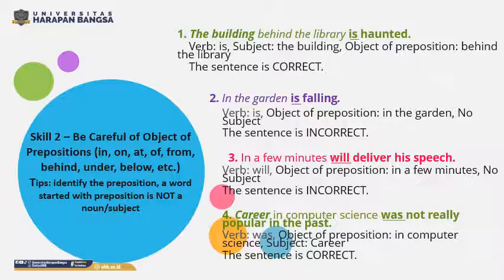Yes, in. That's why in computer science is object of preposition. Not important. But here we have the noun career. So the sentence is correct because the subject here is career and the verb here is was. It's complete. Subject and verb.